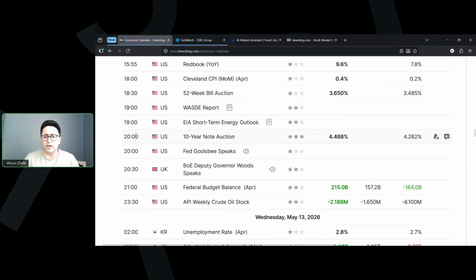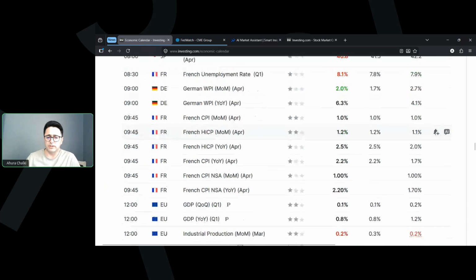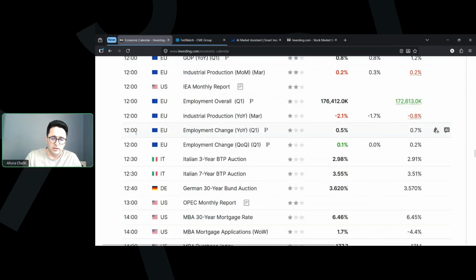During this week, we had the EIA short-term energy market outlook on Tuesday, and then on Wednesday we had the IEA monthly oil market report, and then we had the OPEC monthly report as well. All three reports were telling us that while the markets are expecting less supply, talking about less production, at the same time the market is again talking about less demand as well.